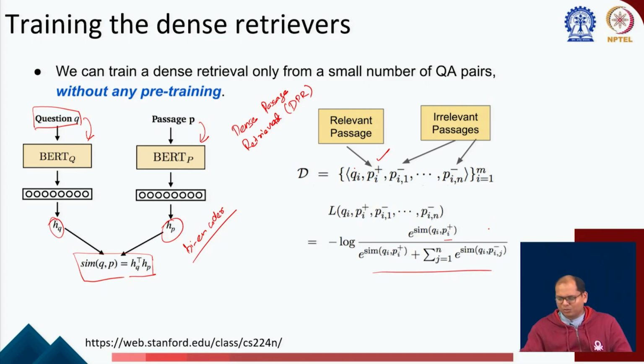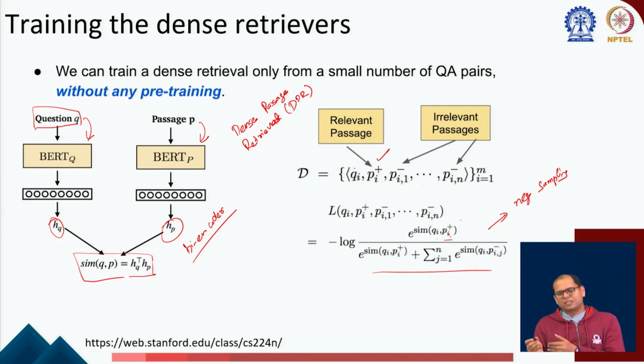This is very similar to the loss that we saw in the case of negative sampling for word2vec. We had one positive example and other negative examples. So you have e to the power of the similarity of the query and passage i. What will this loss actually do?